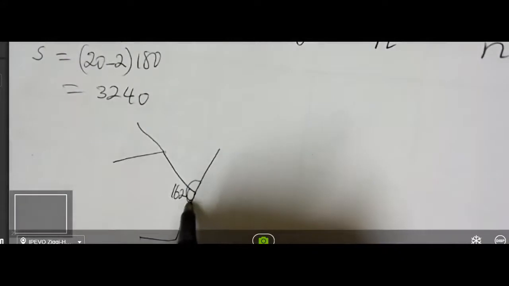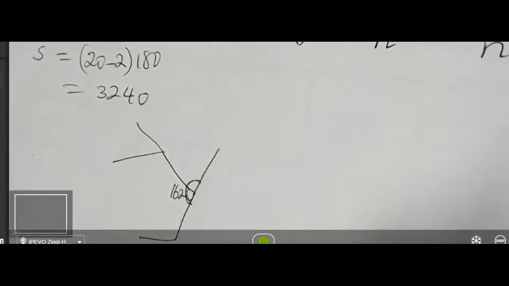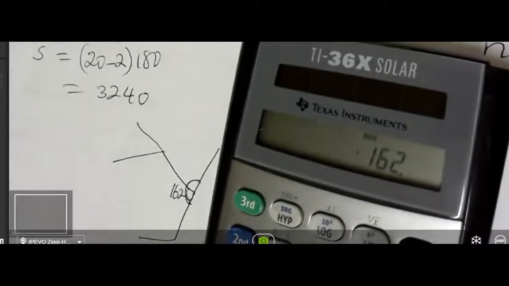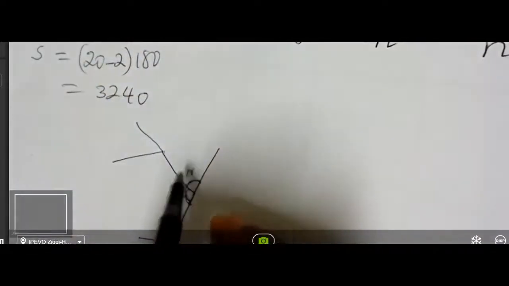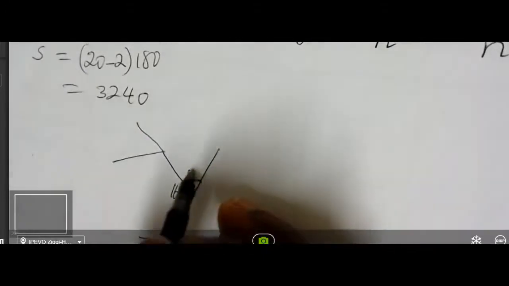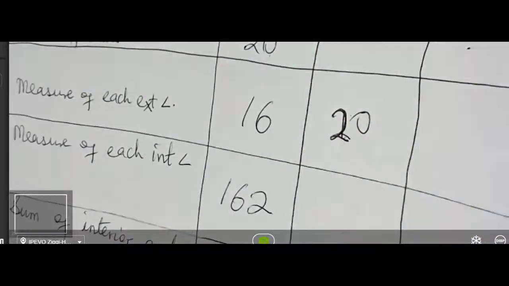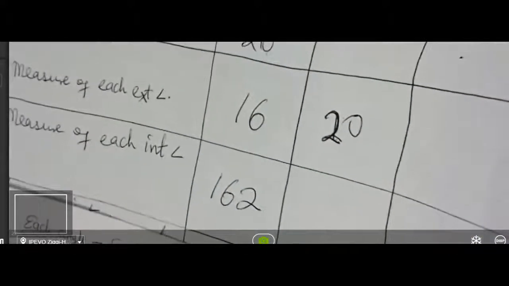They're going to be supplementary, so they add up to 180. So we subtract 162 from 180, and we get 18. So the exterior angle is 18. Okay, so we have filled that chart.